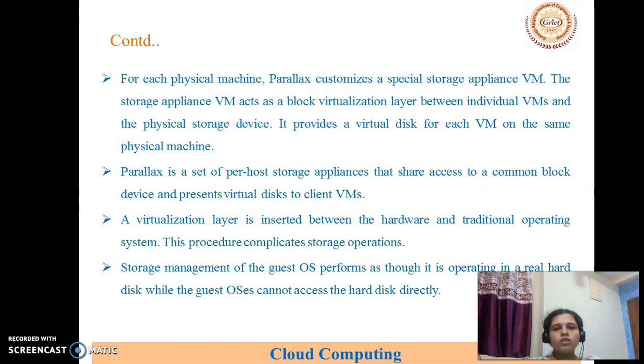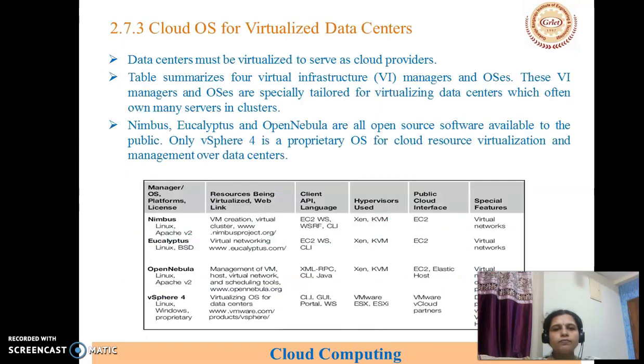A virtualization layer is inserted between the hardware and the traditional operating system. This procedure complicates storage operations. Storage management of the guest OS performs as though it is operating on a real hard disk, while the guest OSs cannot access the hard disk directly.